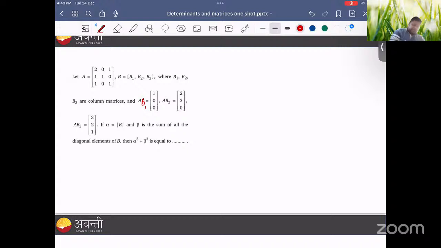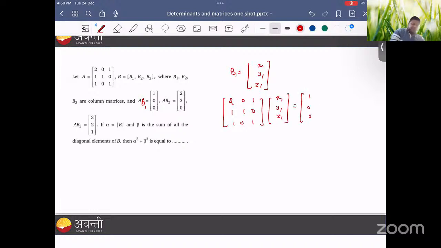Now see, let us assume this B1 is a column matrix x1, y1, z1. Now AB1, that means 201, 110, 101 multiplied by x1, y1, z1 is 100.